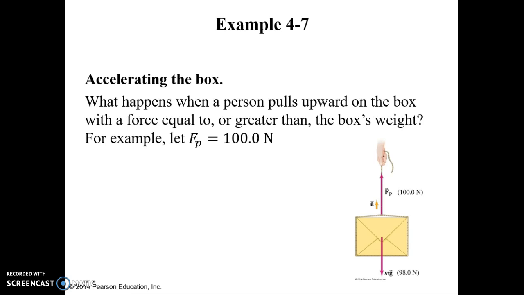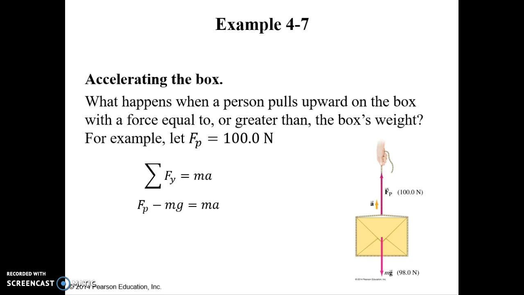In this example, the box is not accelerating. So what happens when a person pulls upward on the box with a force equal to or greater than the box weight? For example, let's let Fp equal 100 newtons. This time the sum of the forces in the y direction equals ma, and not 0, because the box is accelerating upward.